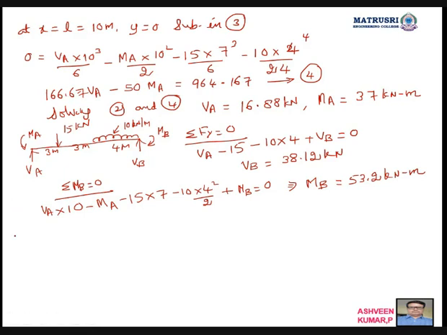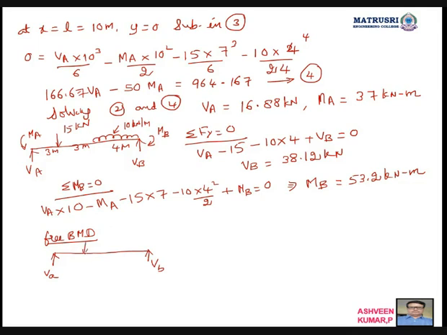Now I want to draw the free bending moment diagram. The total bending moment diagram consists of the fixed end moments MA and MB, and then the free bending moments also I should take. For the free bending moment, I am taking small a and small b, as we already discussed previously.